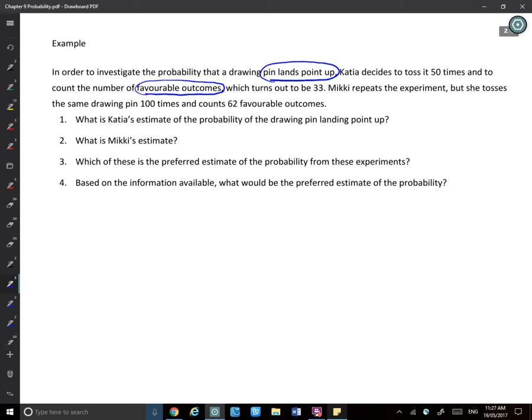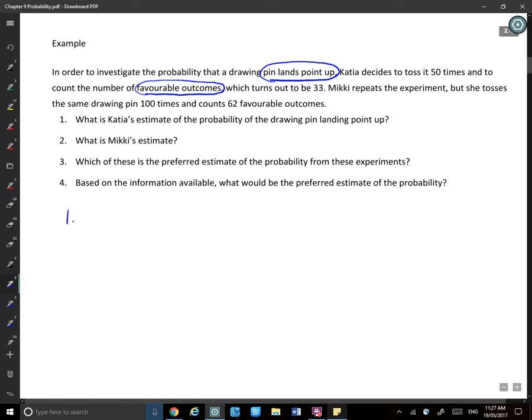What is Katya's estimate of the probability of drawing pins landing point up? The probability of this event, let's call it event A, equals 33 over 50. That gives me 0.66.